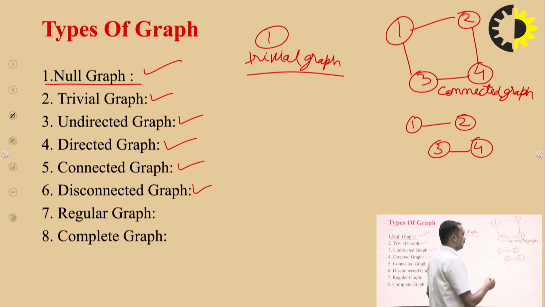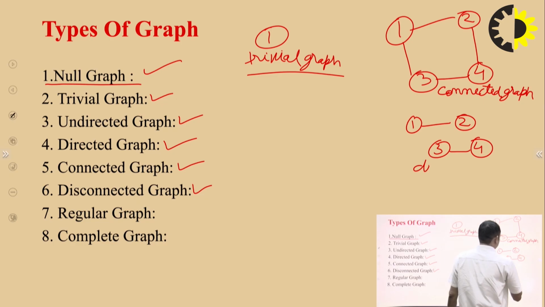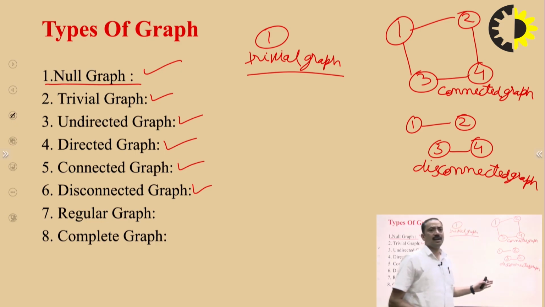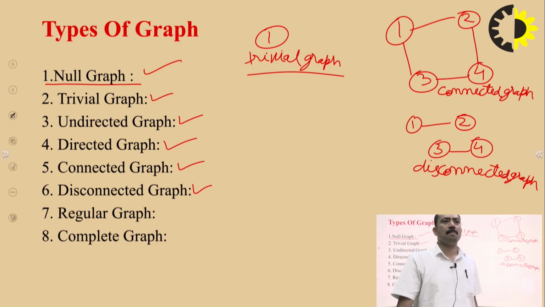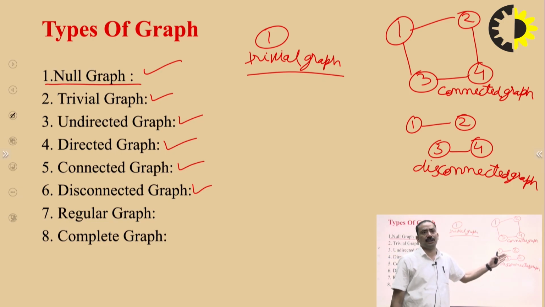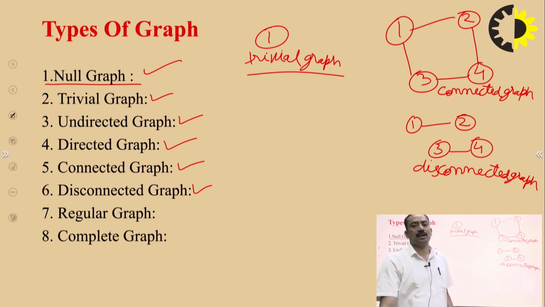So it is called a disconnected graph. At least one node is not reachable, is called a disconnected graph.